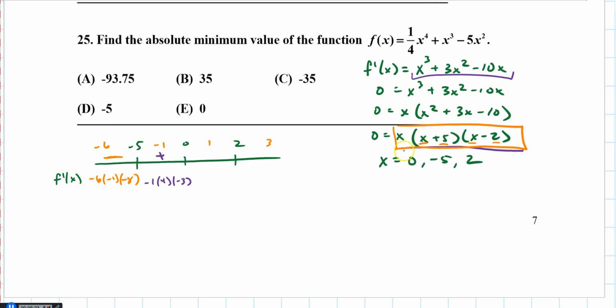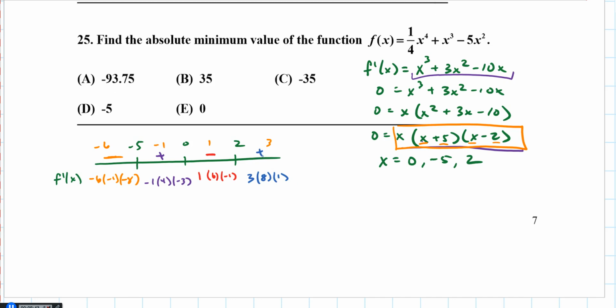I'm going to check +1 now, so it's going to be 1 times 6 times -1 and back to a negative, and then I'm going to check a 3. So 3 times 8 times 1, that's back to positive.